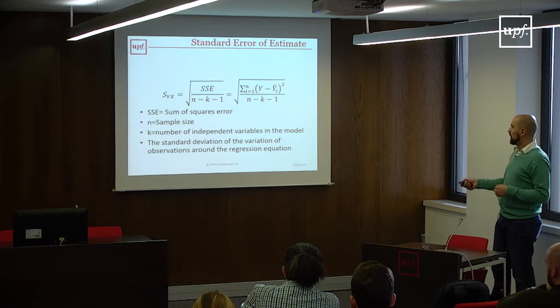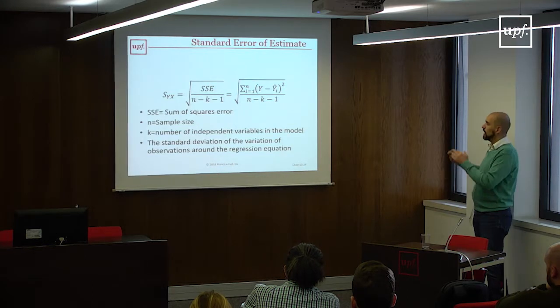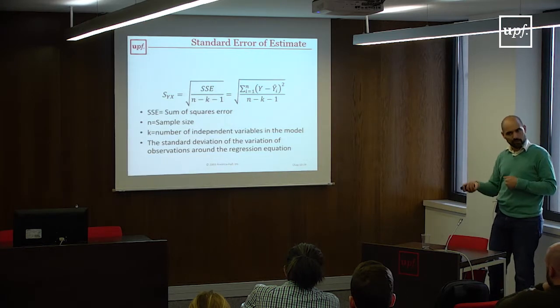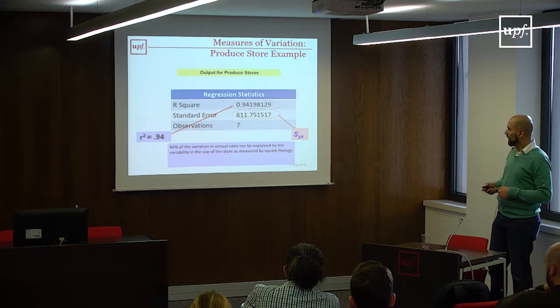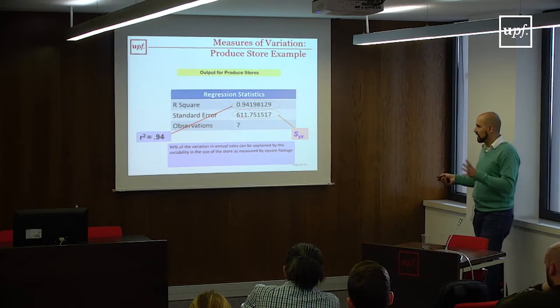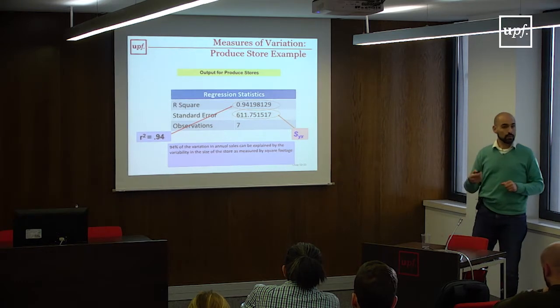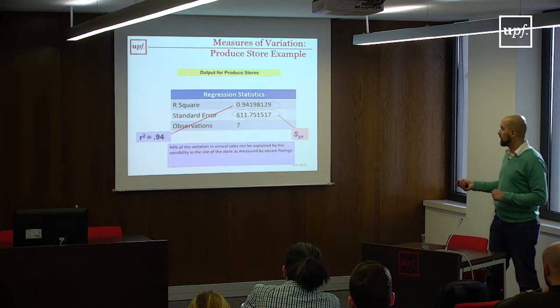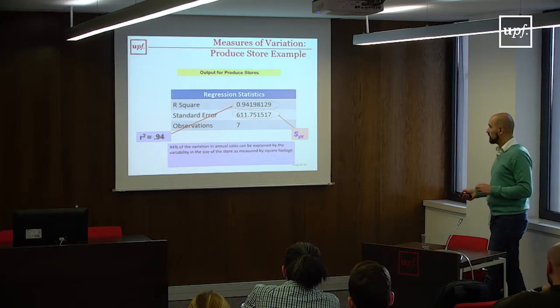It somehow defines the standard deviation of the variation of the observation around the regression equation. So these are interesting values to keep into consideration when you look at the regression. The R-square and the standard error, okay?